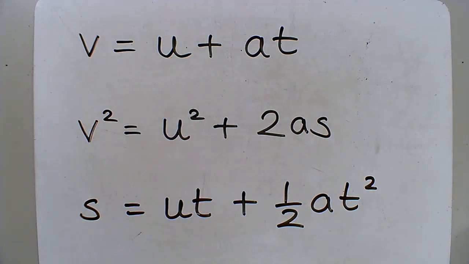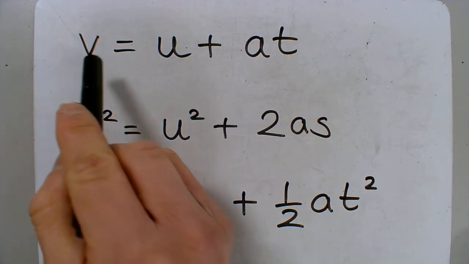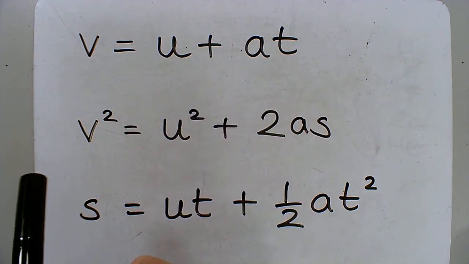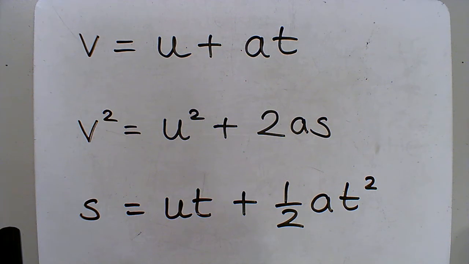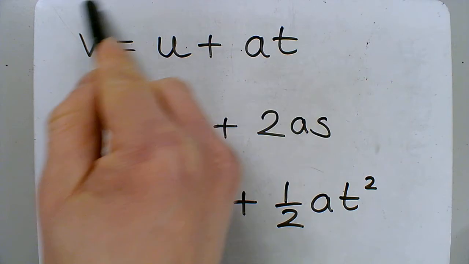You have to find three quantities that you know in the question and one that you don't. So for example, if they give you the final velocity, the initial velocity, and the time, and you have to find acceleration, then you would go for this equation.